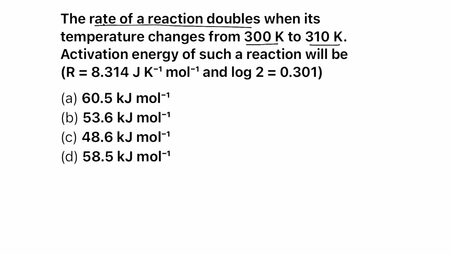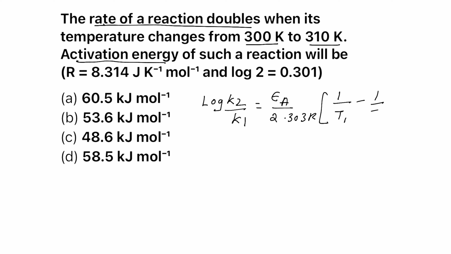Now, for a question regarding two temperatures and activation energy, we have only one equation. Directly go for that equation. What is the equation? The equation is log k2 by k1 is equal to Ea by 2.303 R into 1 by T1 minus 1 by T2, right?